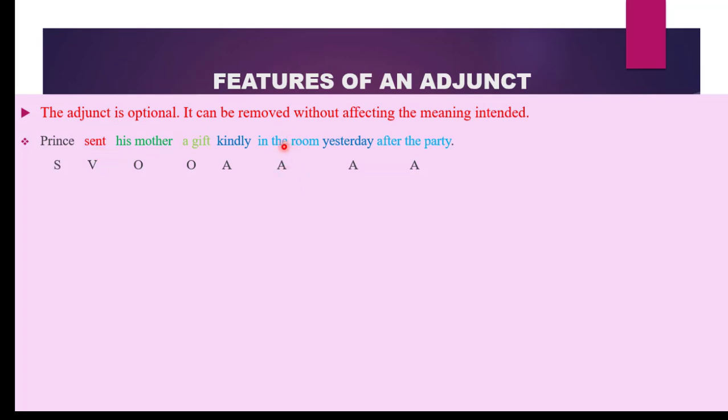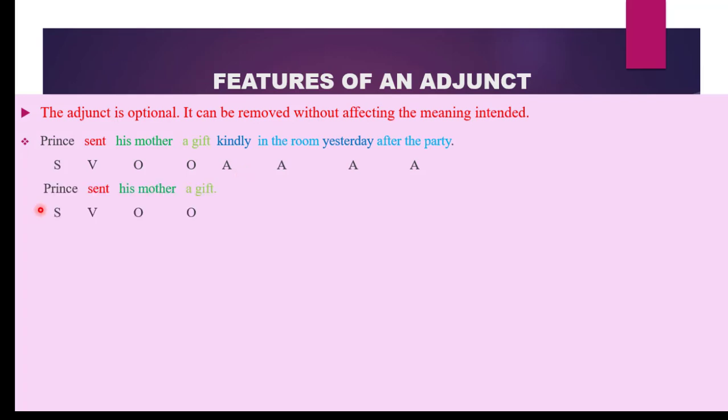This gives us information about the place where the action took place. This gives us information about the time of the occurrence of the action, and this also gives us information about time. However, we can remove all of the adjuncts from the sentence and it will still make sense. It will still carry the import of our message.